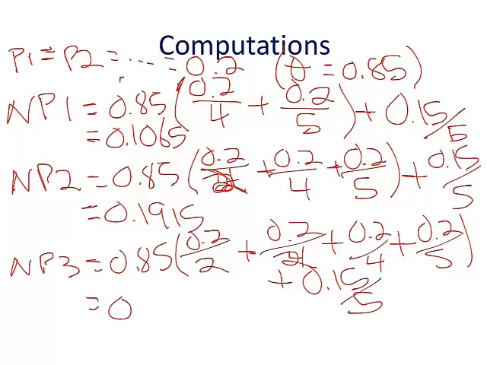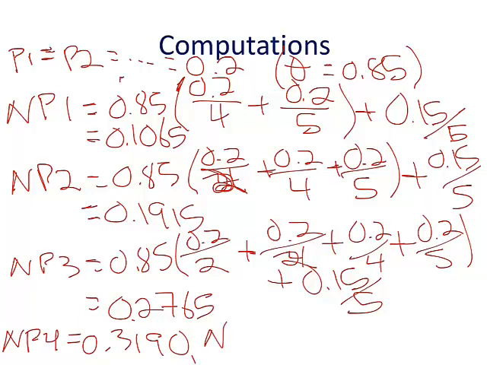That comes out to be 0.2765. Similarly, for the 4th node, you can compute this to be 0.3190. And for the 5th node, you can compute it to be 0.1065. We carry out those computations accordingly.